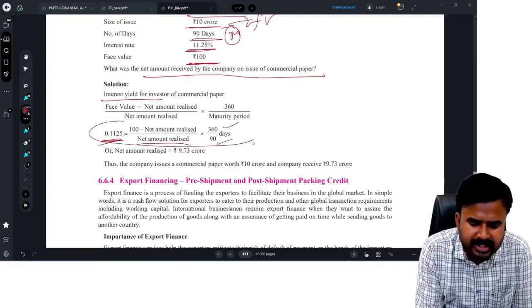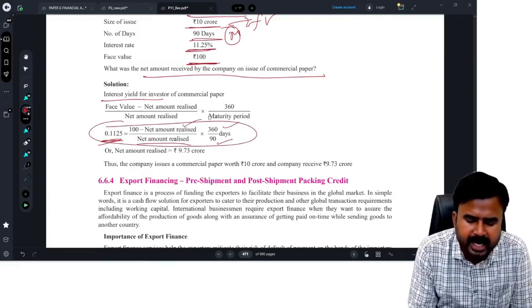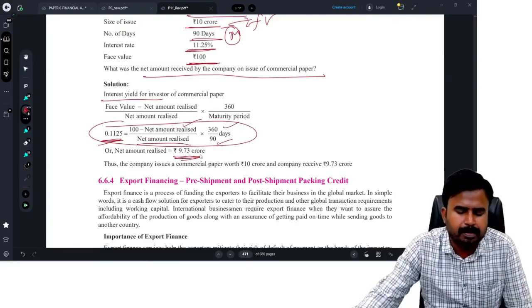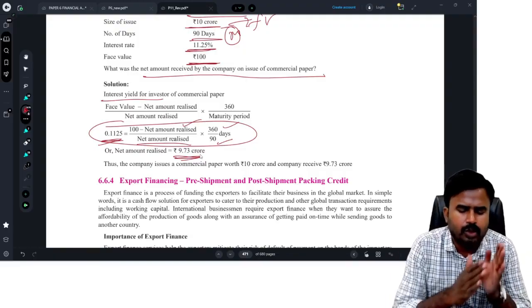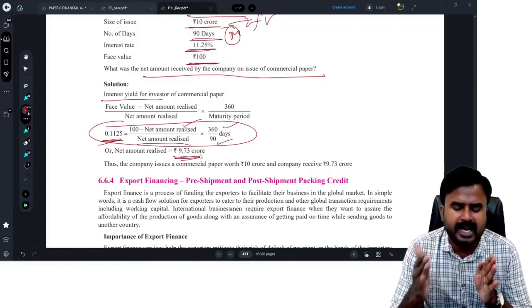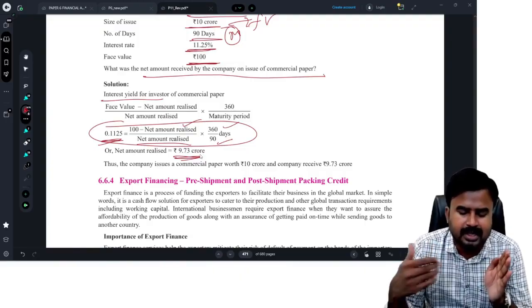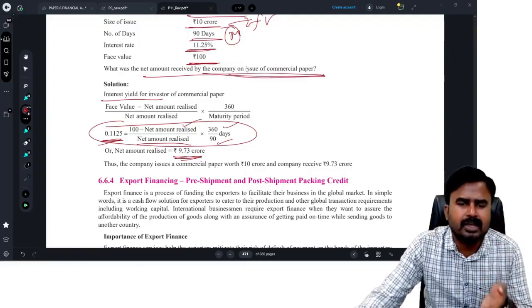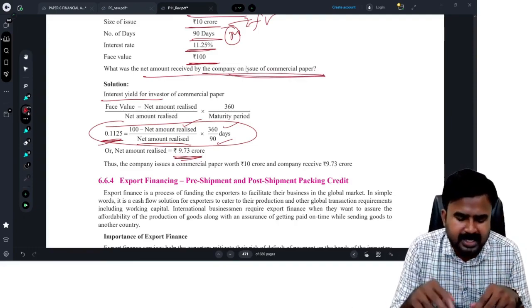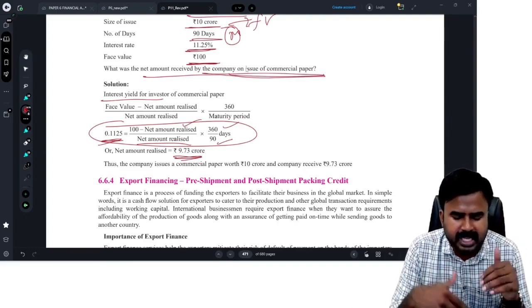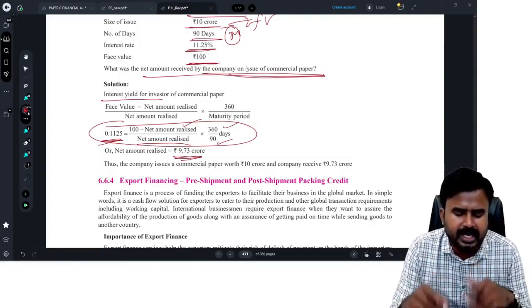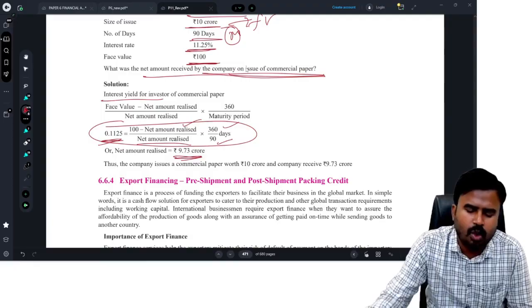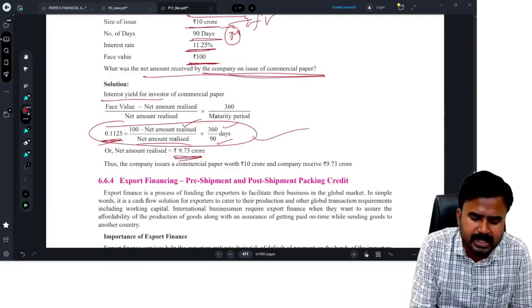If you solve this equation, you'll get the variable term, the net amount realized or selling price, and that one is 9.73 crores.